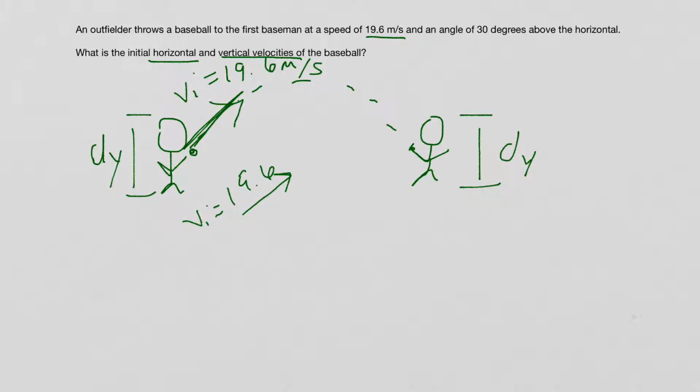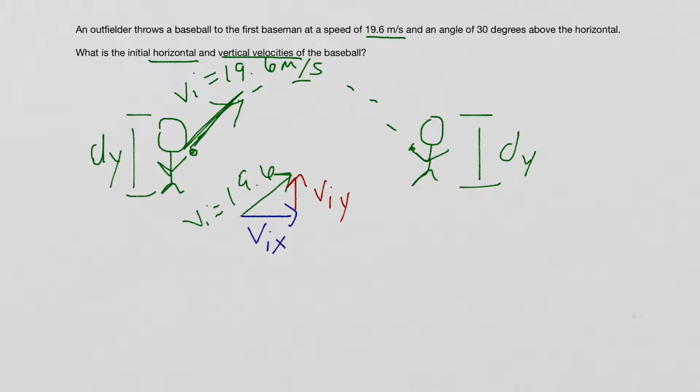Anyway, we'll just make the x blue and the y red. So this is VIY and this is VIX.